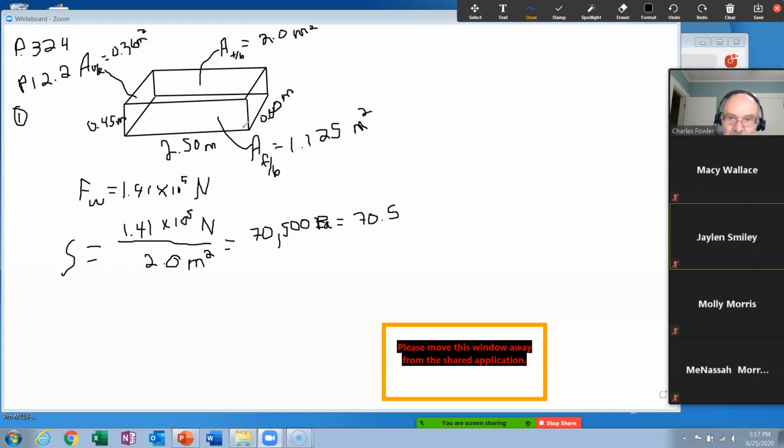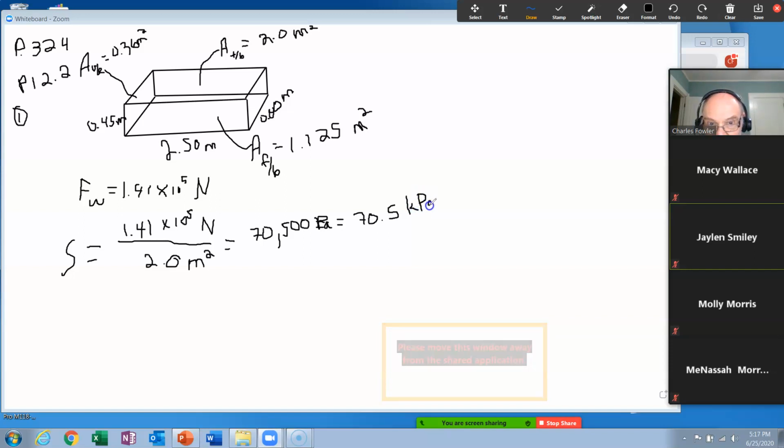Do you have the answer in the back of the book? That's all right. I can look it up. I've got it marked, I think. I thought maybe you had it right handy. Okay. It's either 71 or 70.5 kilopascals. Let's see what we got. 71.